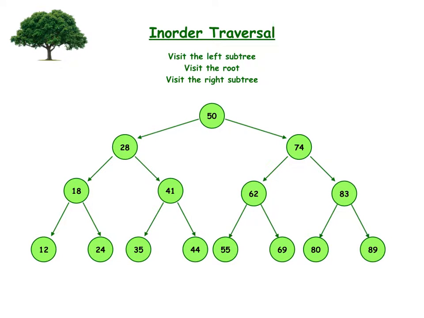Visit, like we said in the last video, means to do something significant at a node, such as print it, or increment it, or modify it, and so forth. The reason I emphasize this word is because each traversal we're going to discuss starts at the root. But just because a traversal starts at the root does not mean it visits the root first.